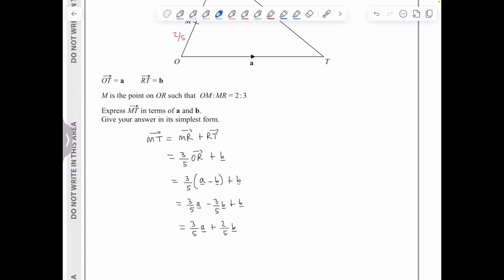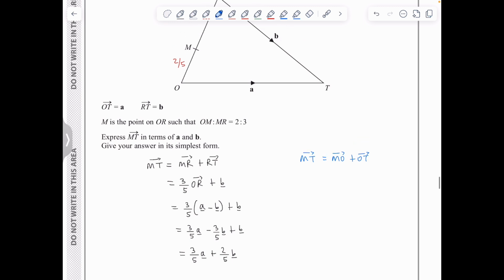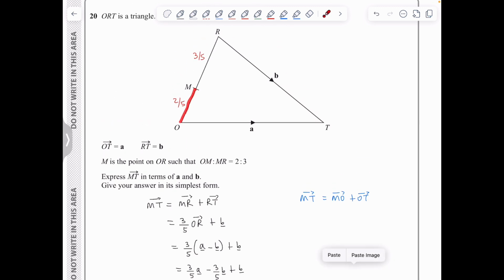Now alternatively, I could have said that the vector MT is equal to the vector MO plus OT. Now to go from M to O is simply 2/5 of RO. So let me write this down.